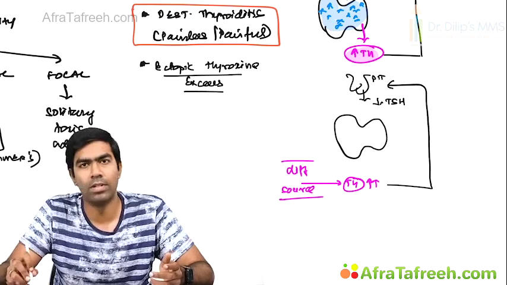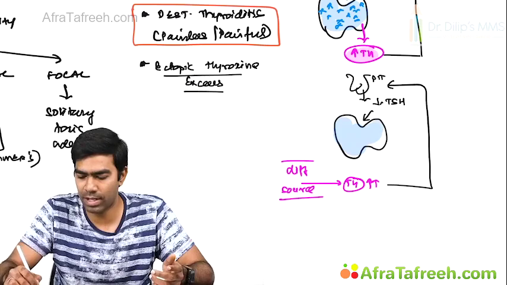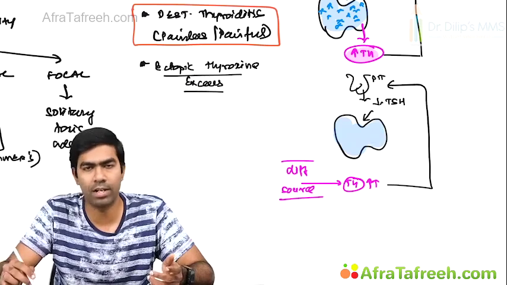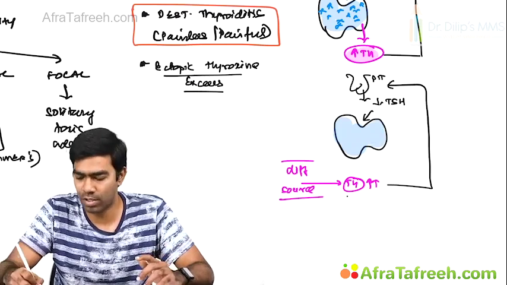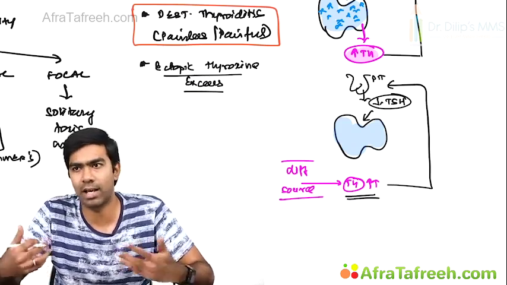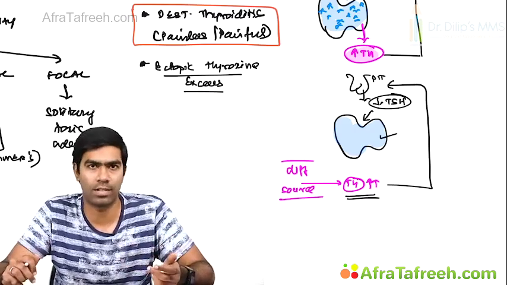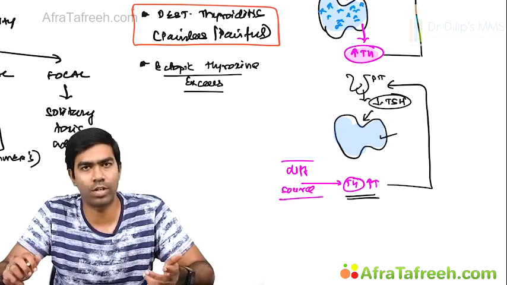With this low TSH, the gland is now responding normally and will become cold, and it will not take up any tracer at all. So here also you have high T4 with a low TSH, and the gland is appropriately responding to this low TSH, producing cold areas. Clear? They're not going to take up the tracer at all.